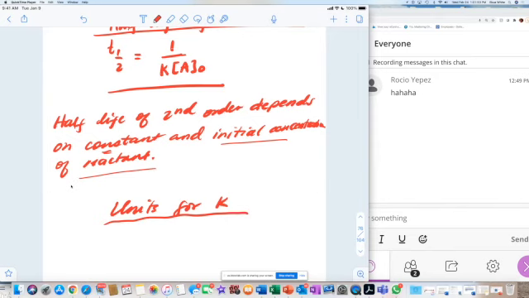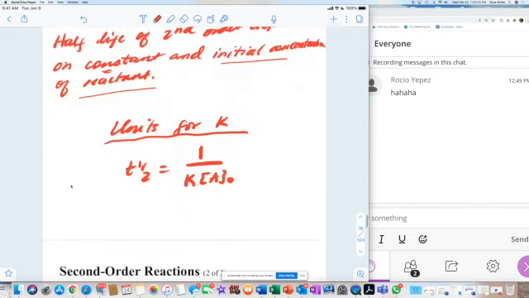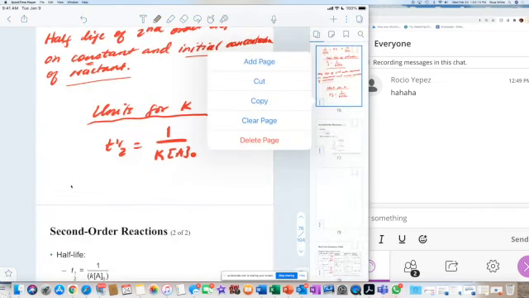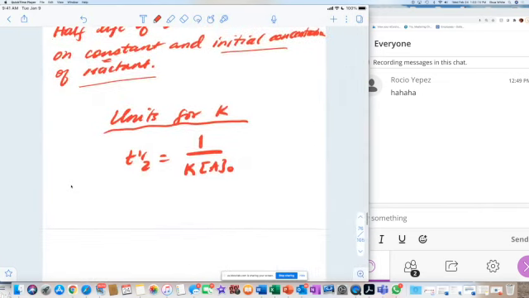So we're trying to figure out what k is. The units for k, we figured it out before, but we had a different starting point. Now we're trying to rearrange this. Starting with t1/2 equals 1 over k times a, which is essentially the initial concentration of a, because you have the concentration brackets and then the 0, which means the beginning. We're trying to get k by itself.